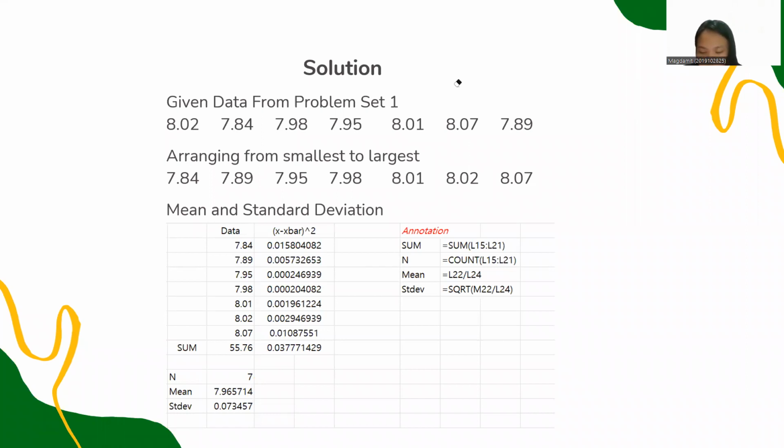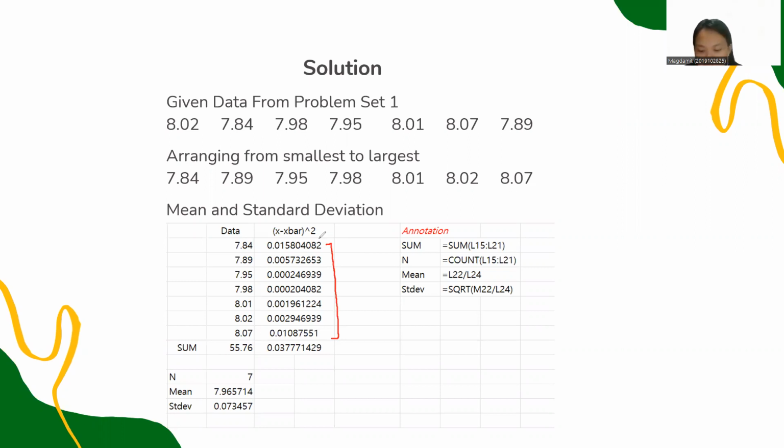Then for the standard deviation, the first thing we need to do for each data point is to find the square of its distance to the mean. So here is the square distance of each data point from the mean.